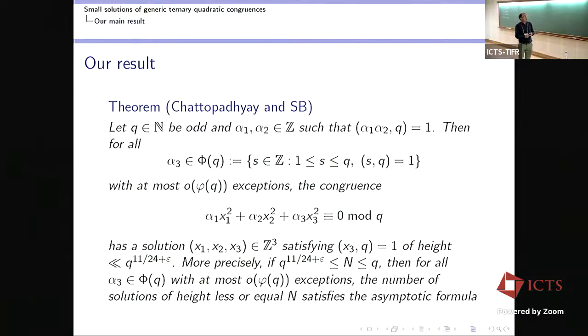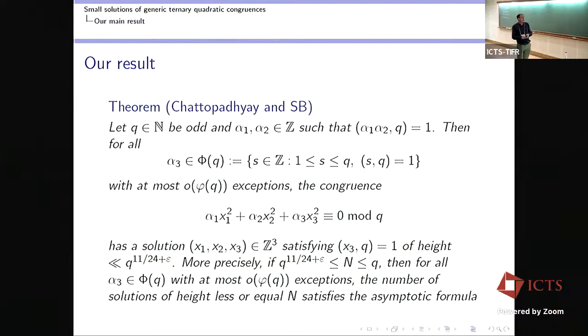One could make this a little o of phi of q more precise, so o of phi of q to the 1 minus delta, but then this exponent will change. To keep it simple, I'm just satisfied with that result because it's already an almost all result. That 11 over 24 is slightly less than 1/2.